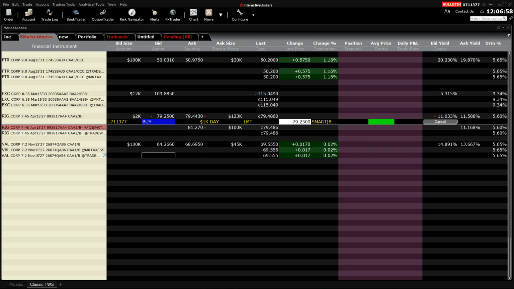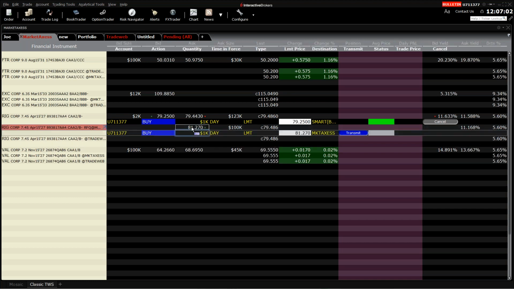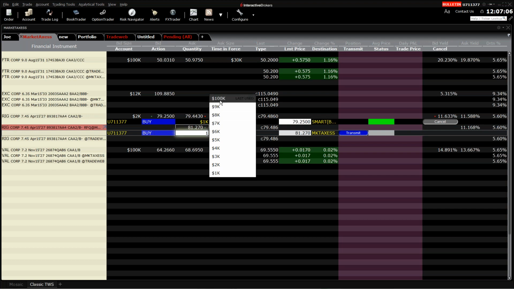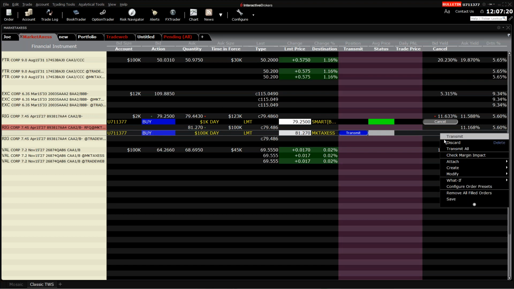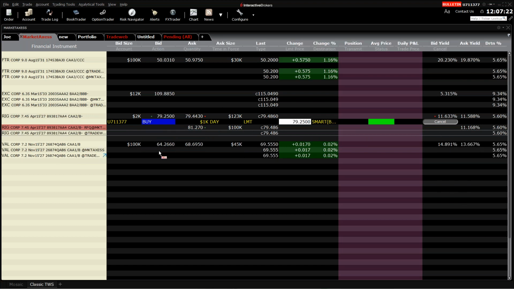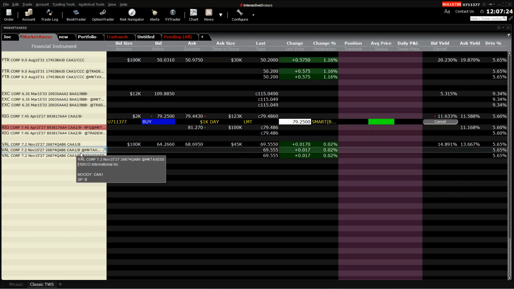So what I could do is just go in here and change the quantity to the amount, and I could submit an order. I'm not going to do that because of the size of the bond. I don't want a long 100,000 bond position, but that's how it would work. So discard that, and then we're going to pick another bond.